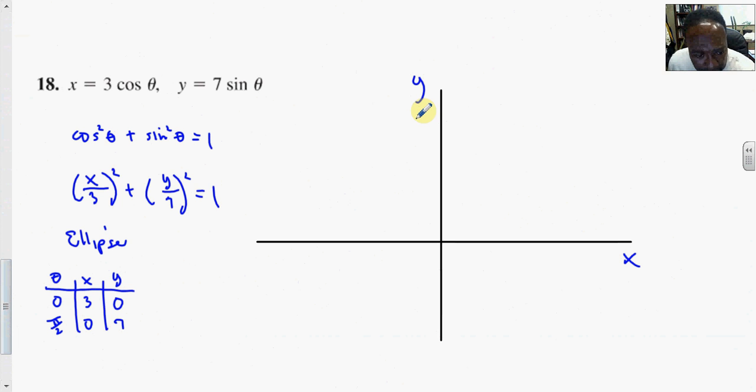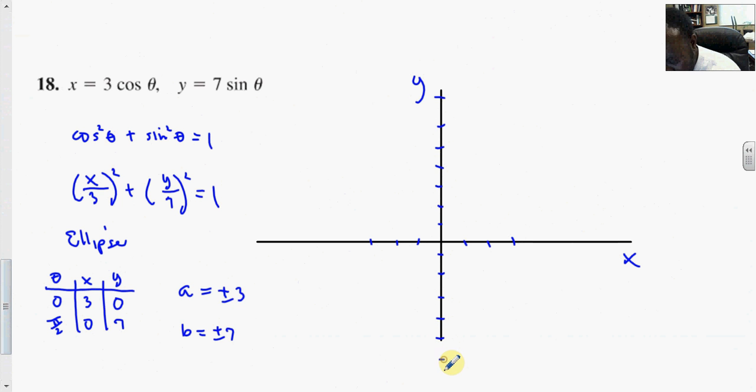All right, so the x values, we want to go out to plus or minus 3 because of that term downstairs. That's the a. Maybe I should just write it like that. And the b is plus or minus 7. So 1, 2, 3 for a, 1, 2, 3 for negative a, 1, 2, 3, 4, 5, 6, 7, and 1, 2, 3, 4, 5, 6, 7.